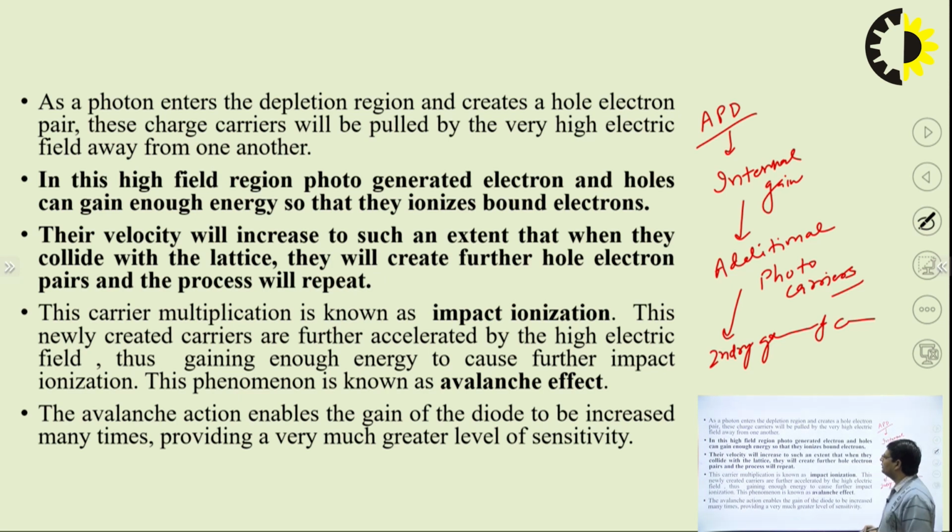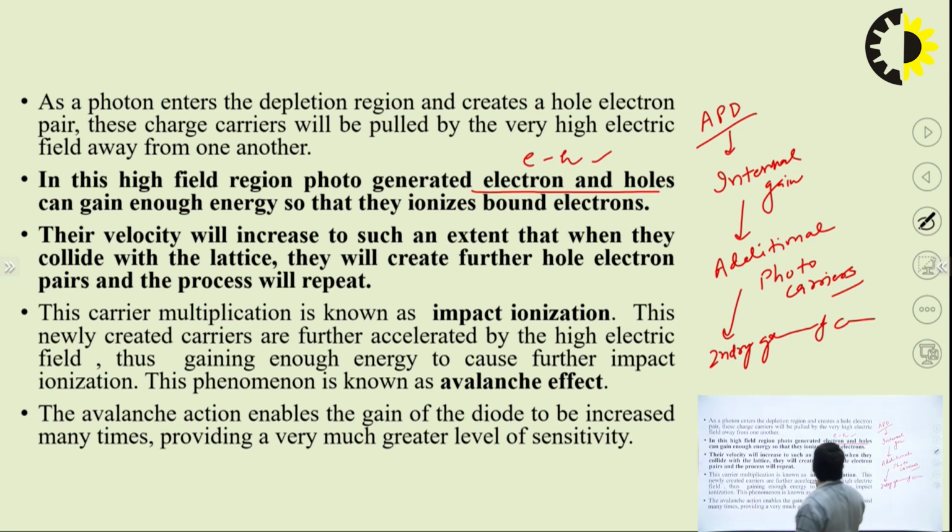What happens is that by the absorption of photons, we get electron hole pairs, and we know that a comparatively higher value of reverse bias is applied.